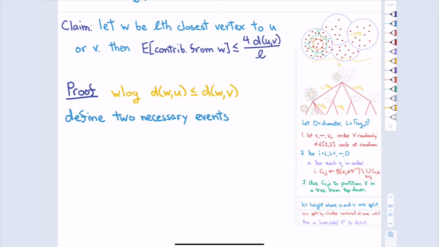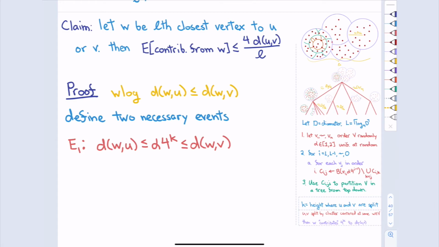Well, we're going to define two events that have to occur in order for W to contribute to the distance. So the first event is that, okay, so there's U, there's V, and there's W, where W is closer to U. Okay. So in order for a cluster centered at W to split them up, that radius needs to be between the distance from W to U and W to V. Okay.